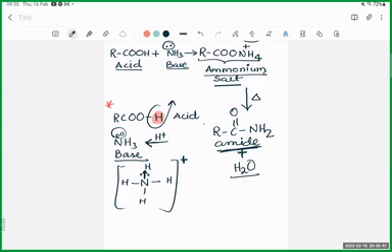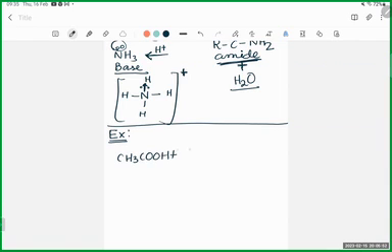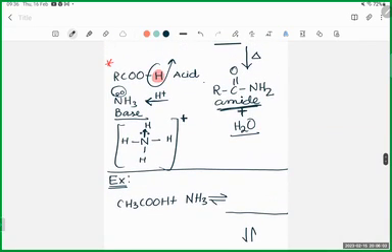Okay. Now this you try to write by yourself. Example reaction: CH3COOH treated with ammonia. What will be the product? Hridaya, write this. Refer to this one and write the product.